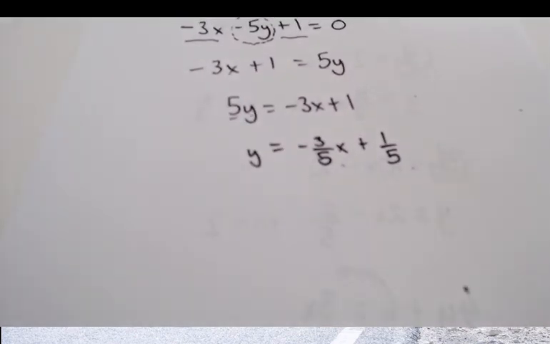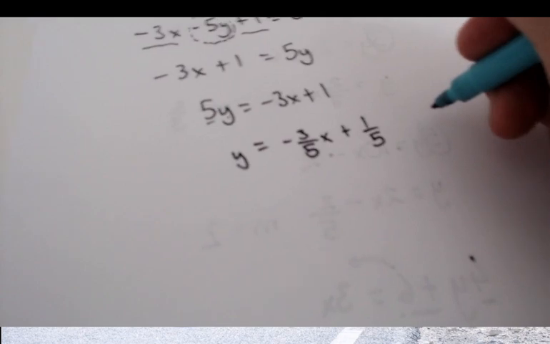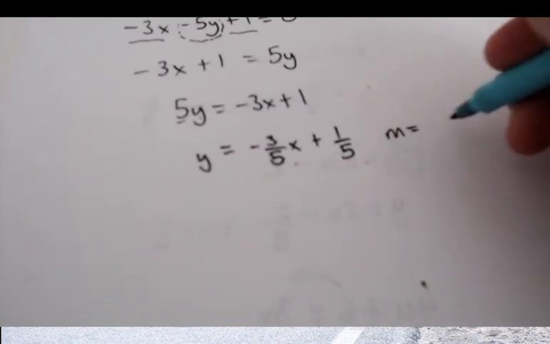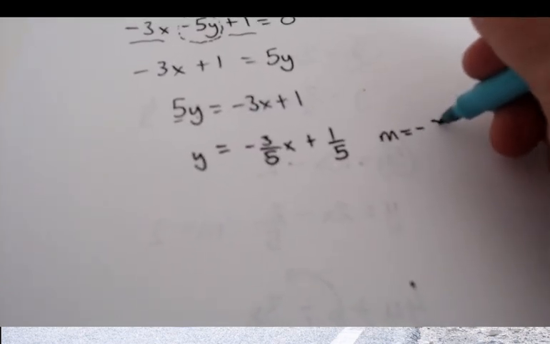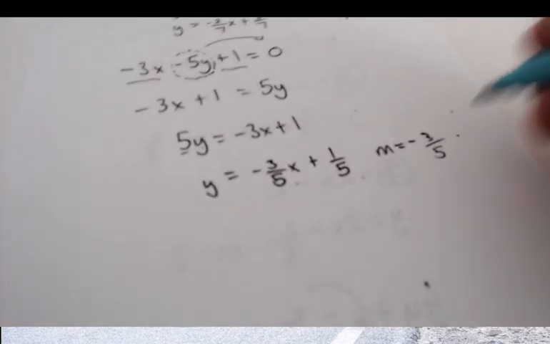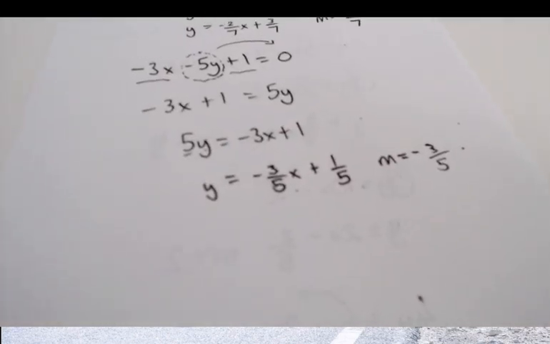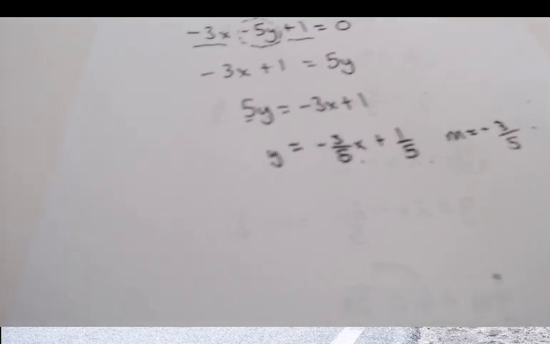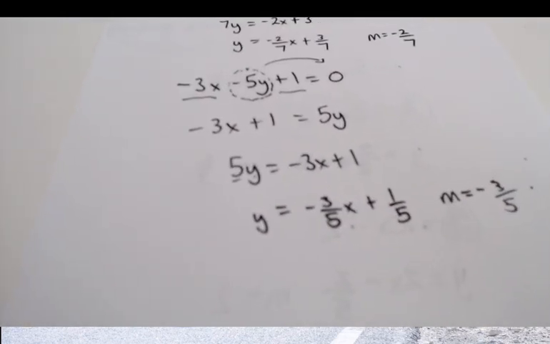The gradient is the number in front of the x. So the gradient this time is minus 3/5. There we go. So this is how you work out the gradient of a line when given its equation.